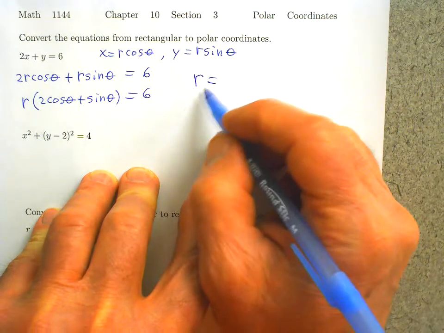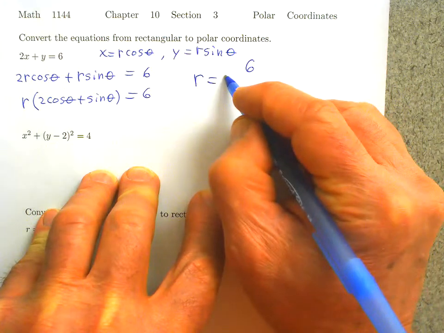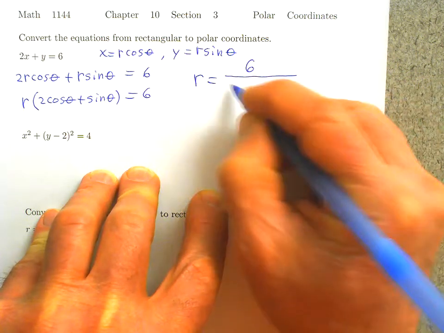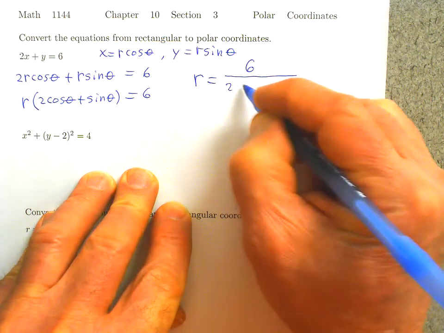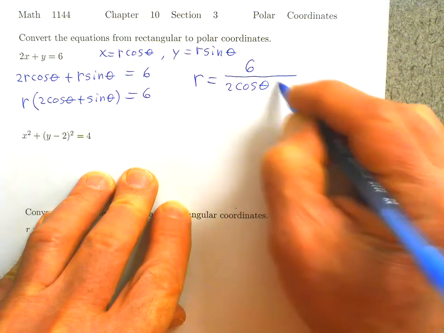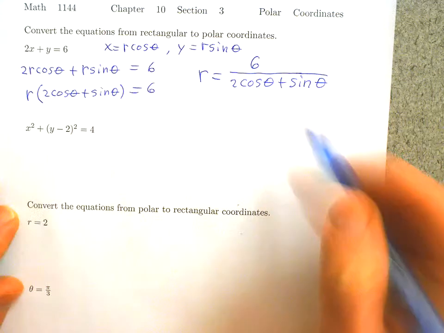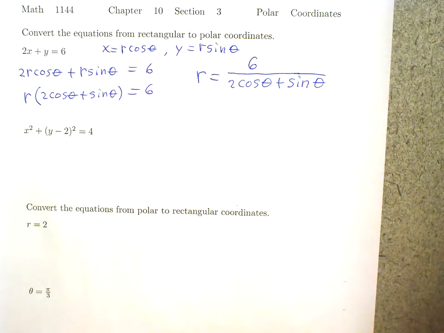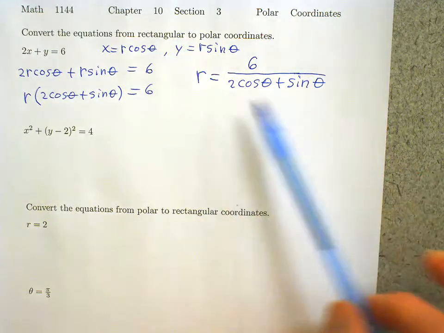If possible, we just write r equals something in terms of sine and cosine. So if we divide both sides of this equation by 2 times cosine of theta plus sine of theta, then we're done converting the equation from rectangular coordinates to polar coordinates.